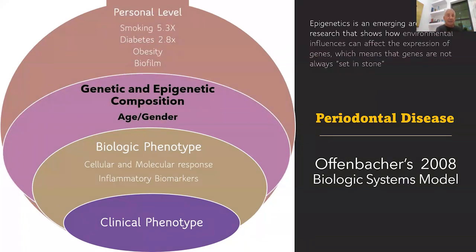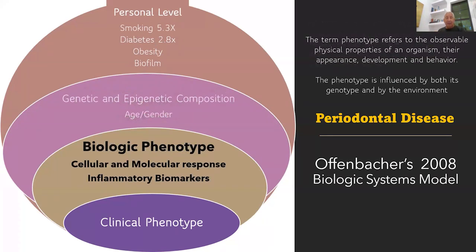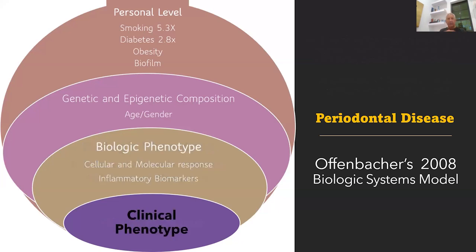Then you get to the genetic and epigenetic, where epigenetics is this huge emerging area in scientific research that shows how genes can be changed in a sense, and they're not necessarily always set in stone. And then you get to the biologic phenotype and how the phenotype can be influenced by genetics and the environment, ultimately to each individual's phenotype.